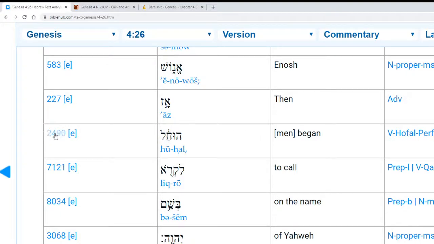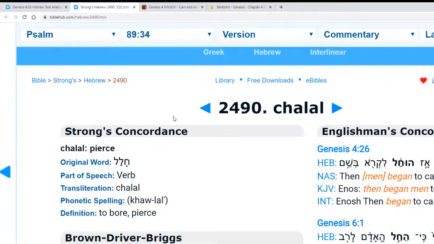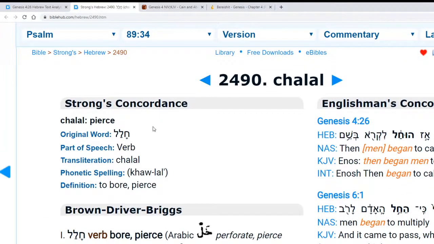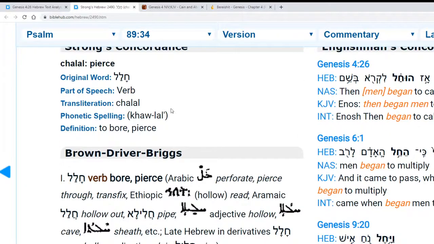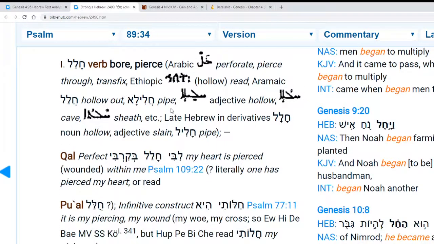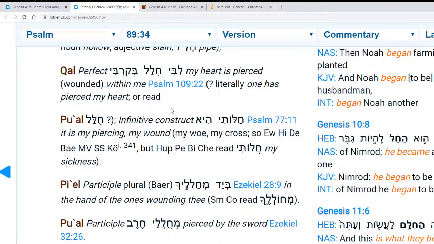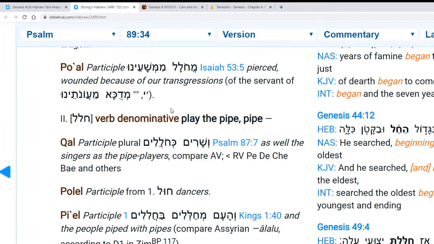I'm very surprised at what the concordance is doing here. They are saying that huchal is related to halal, het lamed lamed, which means to all kinds of things.